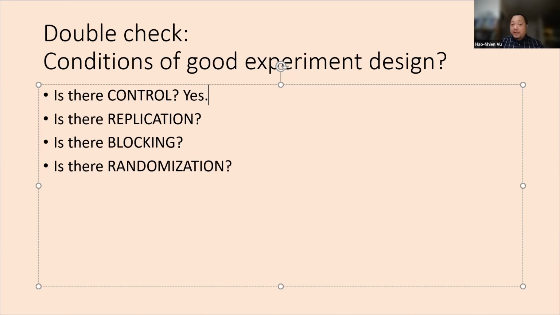Is there replication? Replication means either a large sample or you're repeating the whole experiment all over again. We didn't repeat the whole experiment all over again. We only did one experiment with 200 people. We'll go for that one. Yes. Sample size of 200 is large.